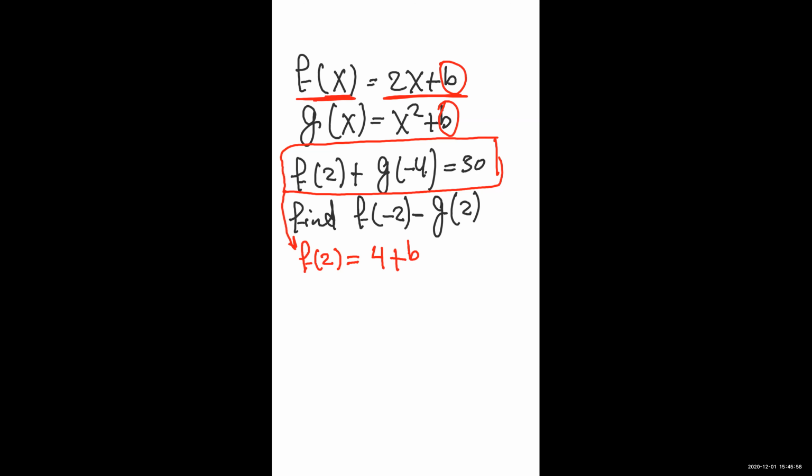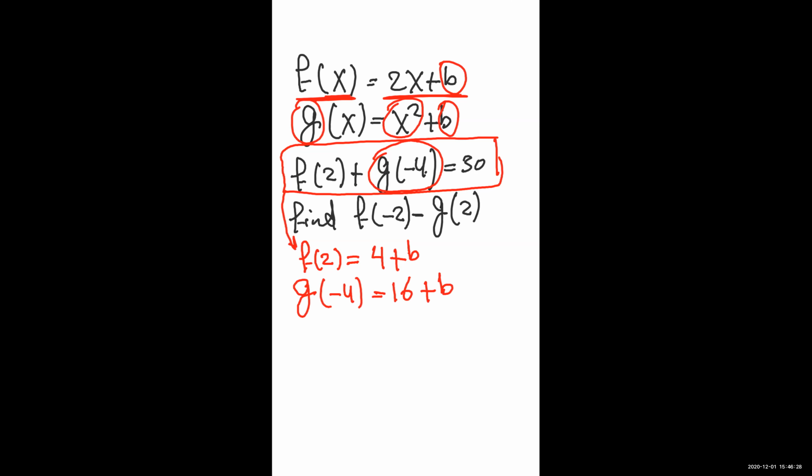Okay. And then g of negative 4, I'm going to get g of negative 4. Where is g? This one. Negative 4 means x now will equal negative 4. It equals x squared. So negative 4 squared, which is 16, plus b. Are we clear till now?